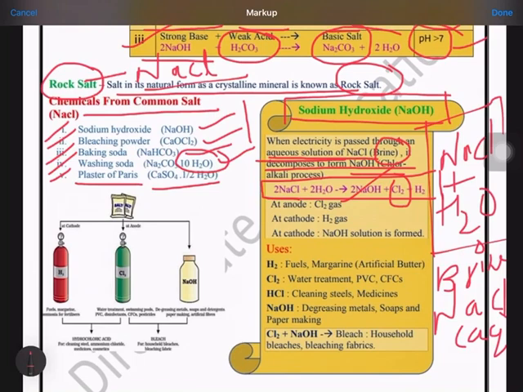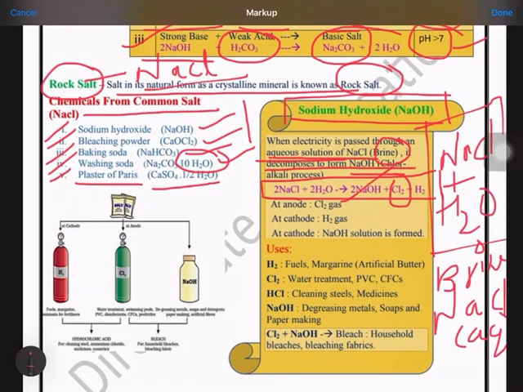We have connected this to a battery, and this is negative, this is positive. So we have an aqueous solution of sodium chloride.